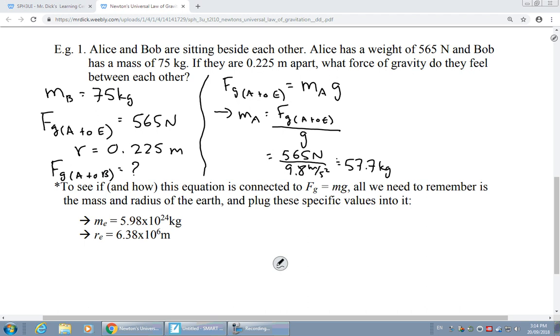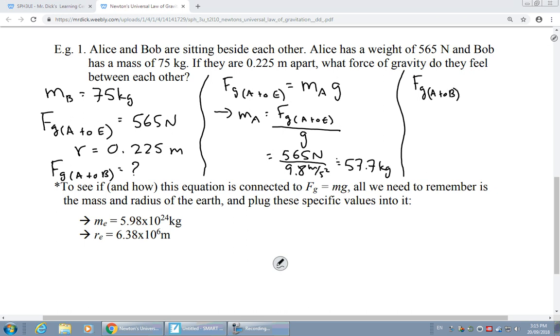And now that we know that, we can use our brand new formula a little more directly. Because in the end, we don't really care about how much gravity Alice is feeling on Earth. We want to know how much gravitational force is between her and Bob. So we're trying to find Fg from A to B is my way of saying that.